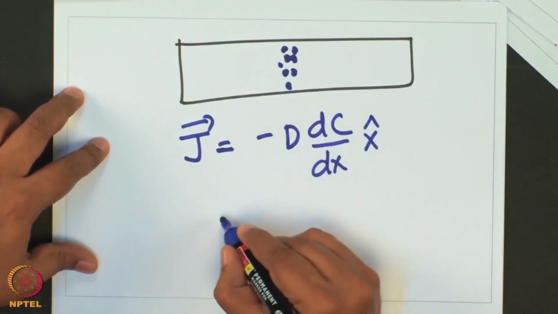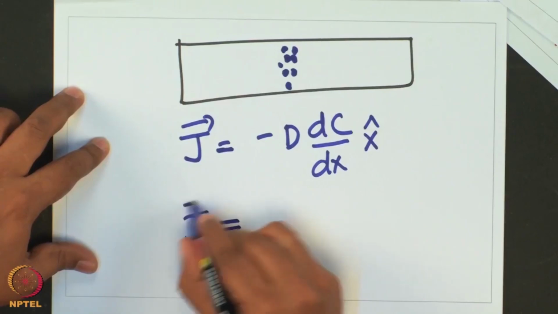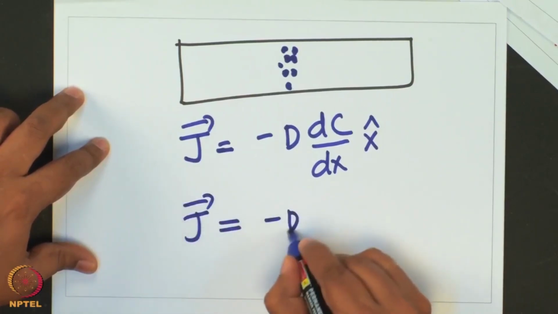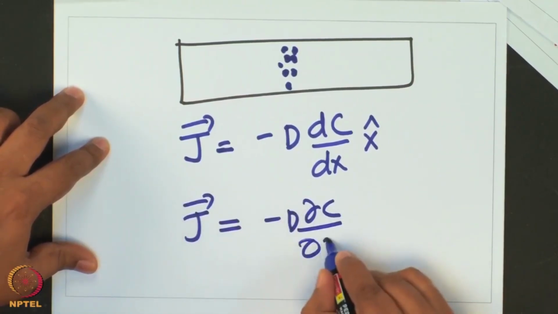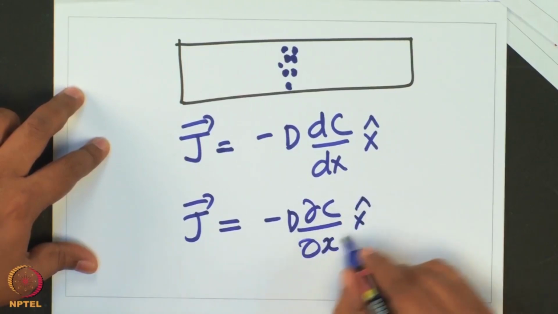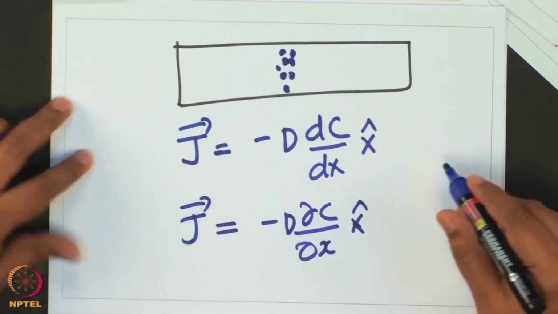Since C is a function of x, y, z, the diffusion current J is actually minus D del C by del x x cap. This is something that we already know.